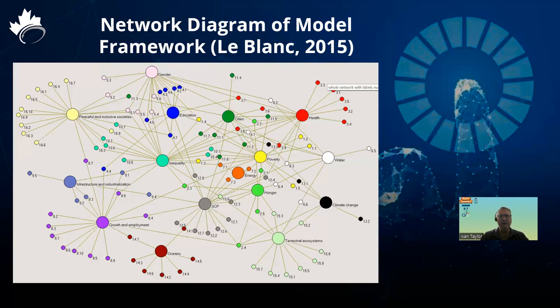That means that health and well-being will have a causal relationship to poverty, and that means that improvements in health and well-being will help reduce poverty. And so we've used this network diagram to build a model using what we call polarities.